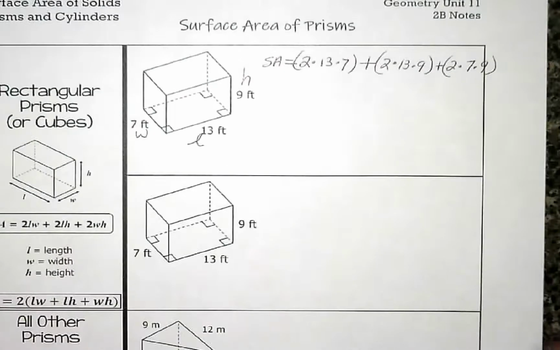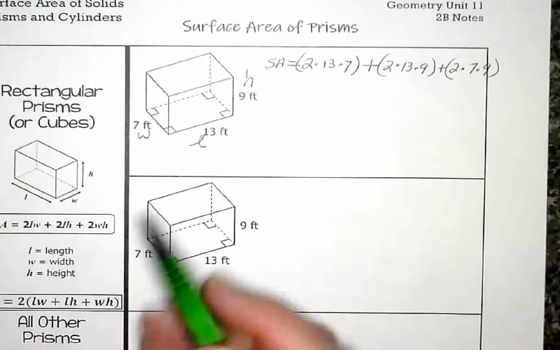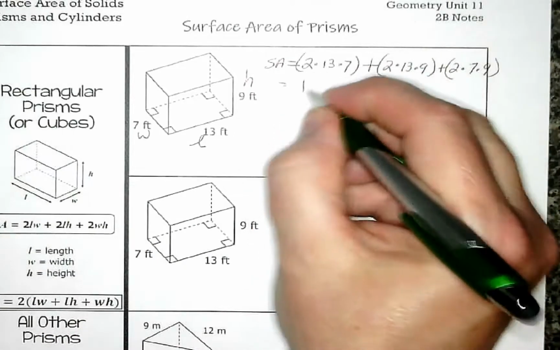You'll notice I put those all in parentheses because those are just the 3 separate pieces in our formula. So when I multiply, I have to do the parentheses first, or the multiplications first.